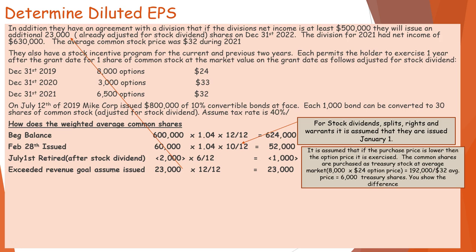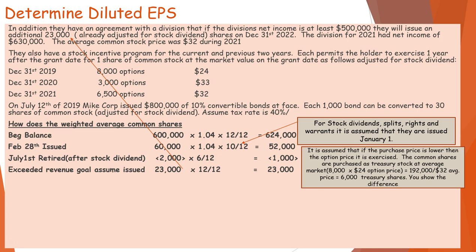So we're going to take our 8,000 shares times the $24 option price, which equals $192,000, and we're going to divide by our average of $32, which means we're going to have 6,000.